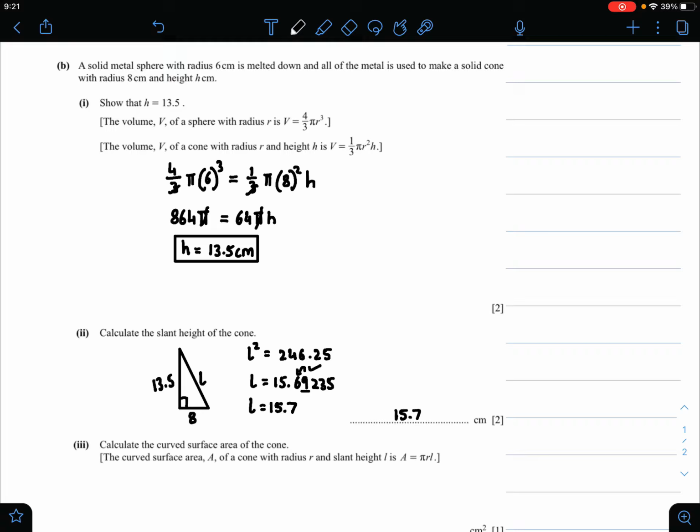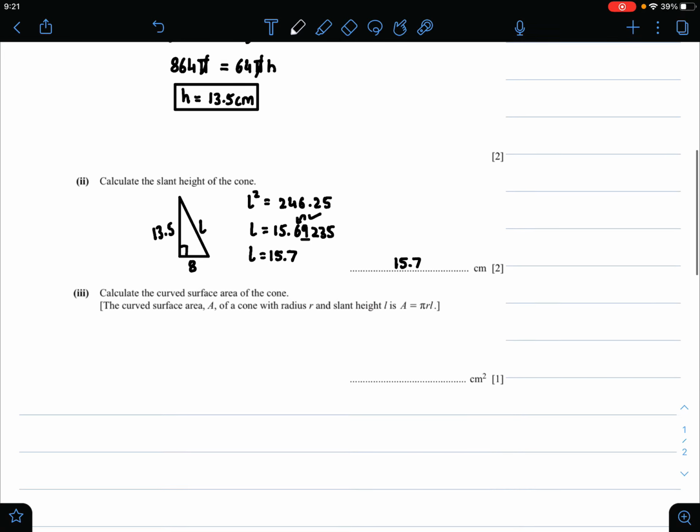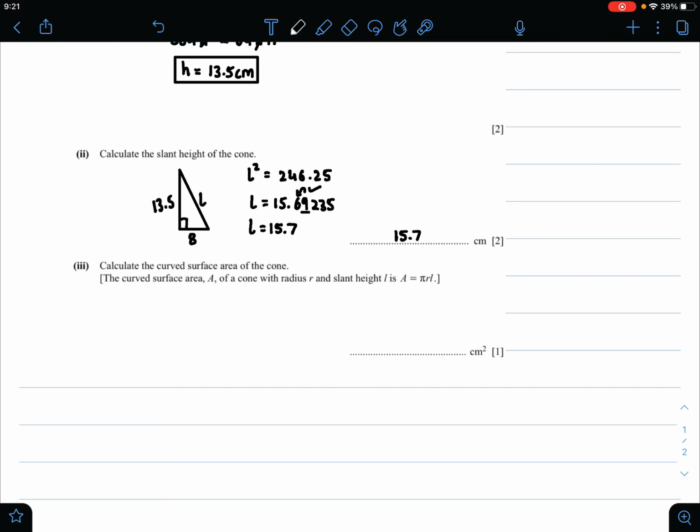Now let's move to part B3, where they are asking us to calculate the curved surface area, and they've given us the formula, which is pi RL. R in this case is 8, and we found L as 15.7. For calculation purposes, you should use the whole number, that is 15.69235, because you won't face the premature rounding error then.